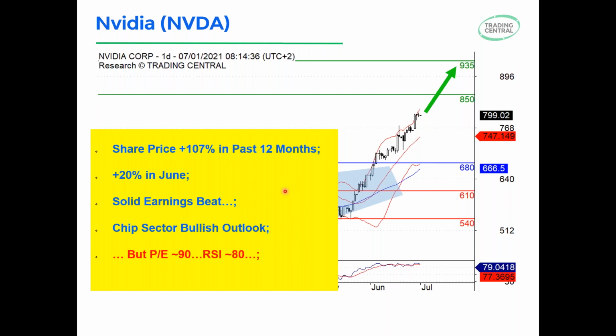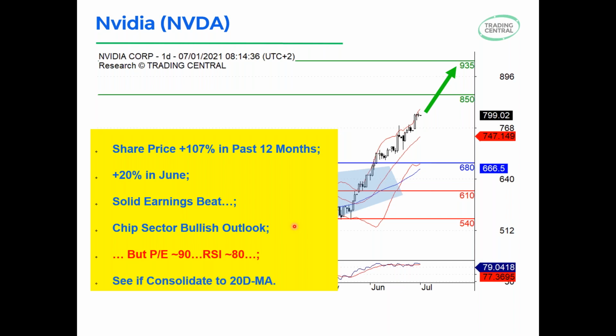But I have to remind you, this stock, Nvidia, its PE, price to earnings ratio, is very high. Its valuation is very high, around 90. And as you can see, the RSI is 80, overbought region. Overbought doesn't mean that it will fall, okay, but you have to take this into consideration.